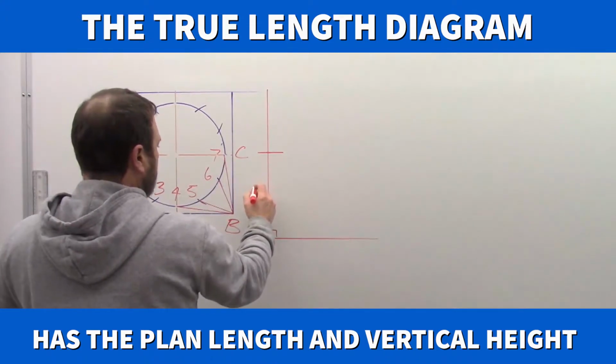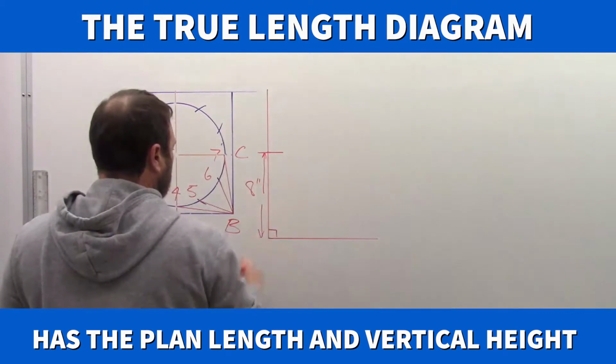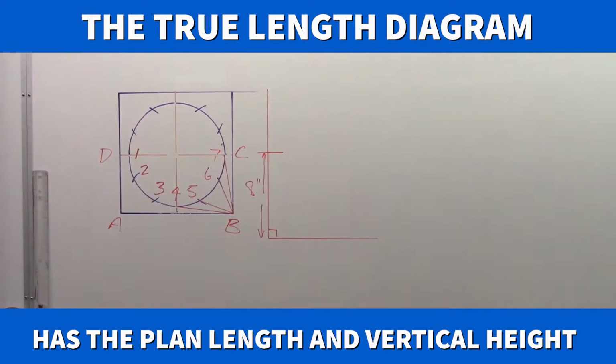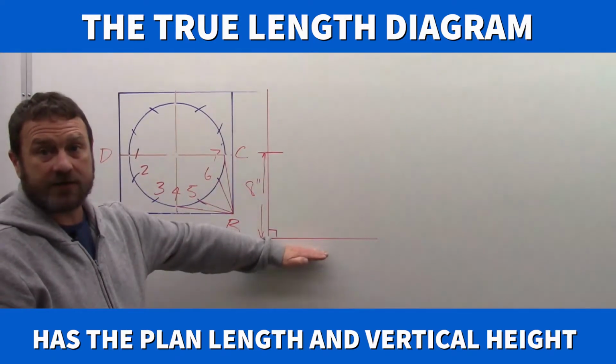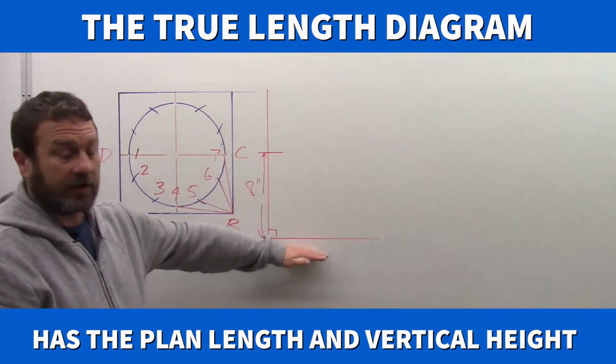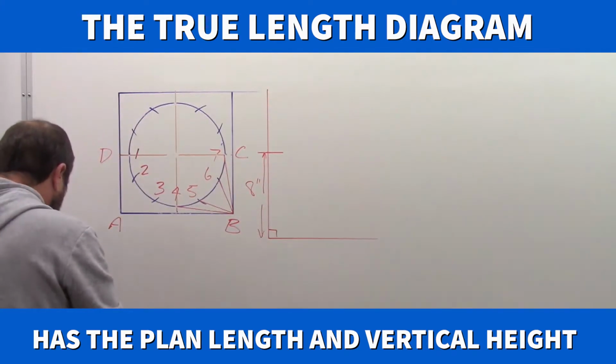This was our 8 inches tall. Okay, so vertical height, I've got the 90-degree corner. If I put in the element lines from the plan view, that will give us all the hypotenuses. So let's transfer those across.